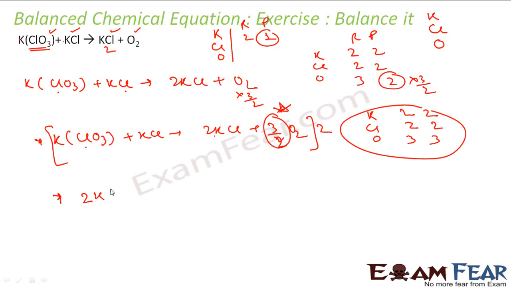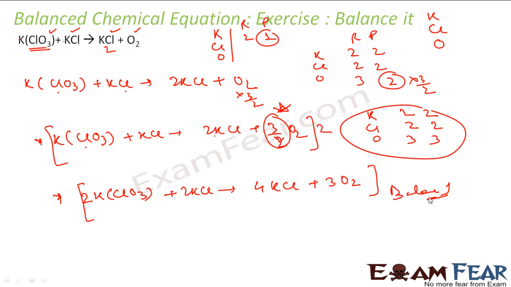So what you get is 2 KClO3 plus 2 KCl is equal to 2 into 2 becomes 4 KCl plus 3 O2. And this is my balanced chemical equation.